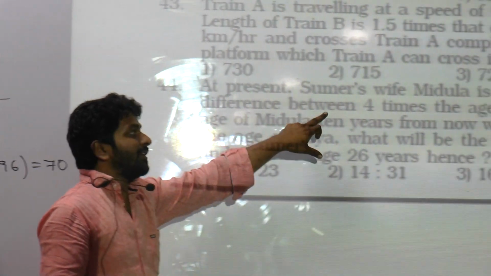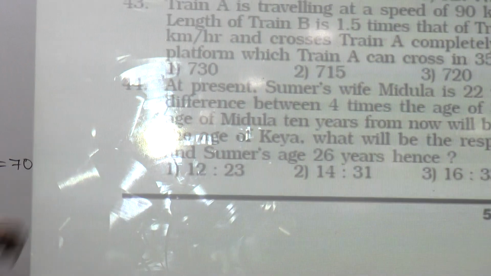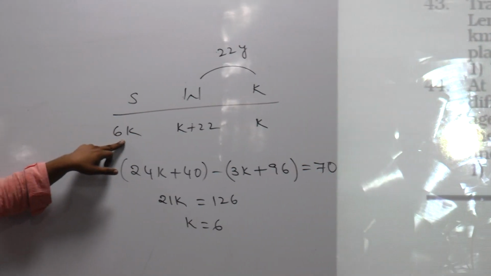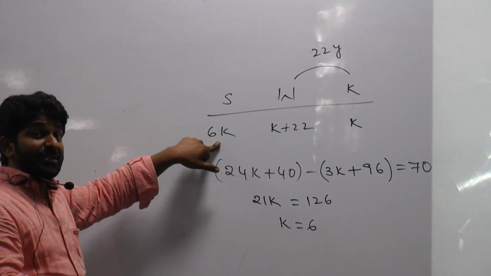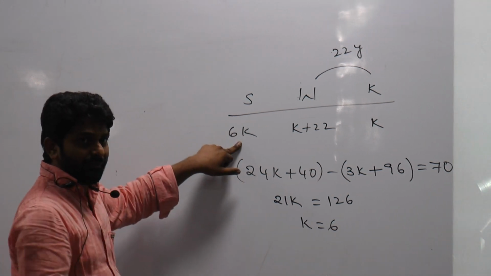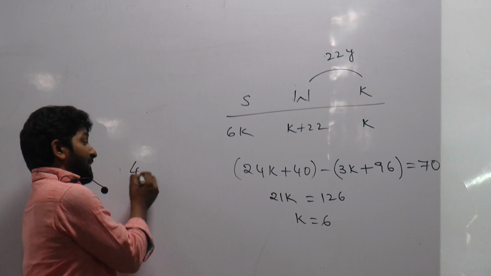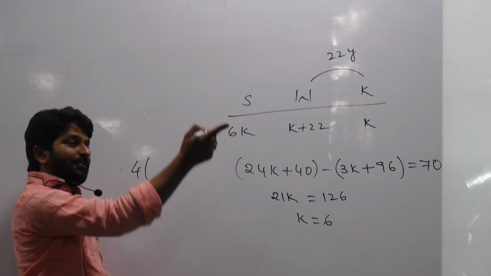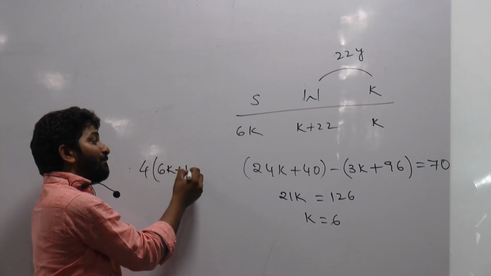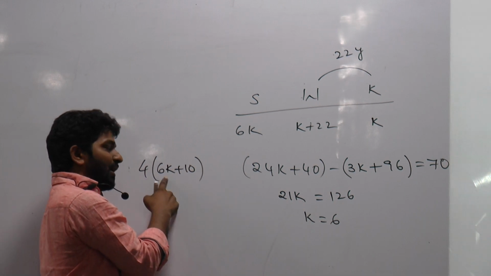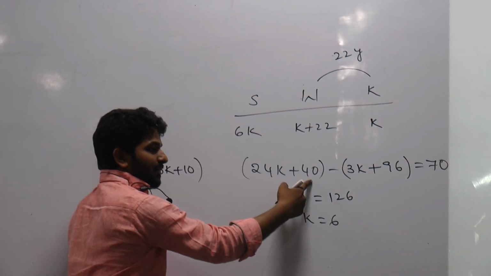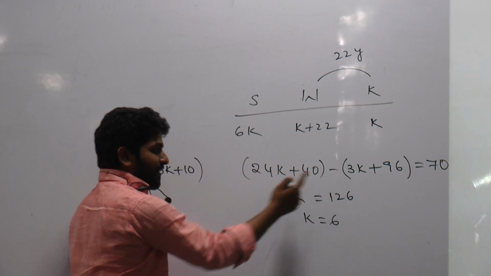The difference between 4 times Sumer's age after 10 years. Sumer's present age is 6K. After 10 years, 6K plus 10. 4 times of that number, in the sense 24K plus 40. As you asked about difference, minus.